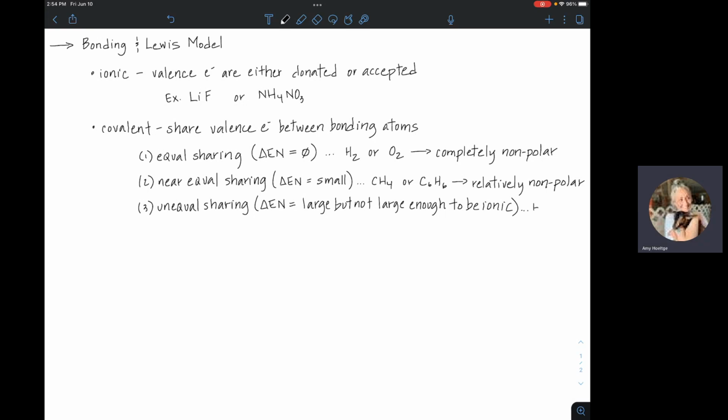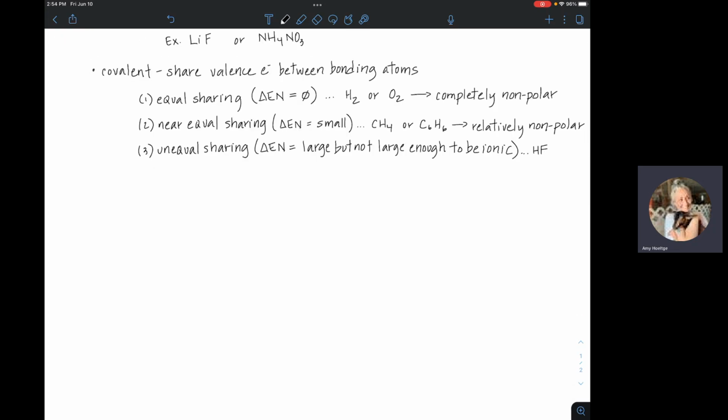You could use, for example, hydrogen fluoride as an example of this, right? We could use an alcohol. So we've got methanol. We'd be describing the polarity in the bond between the oxygen and the hydrogen.